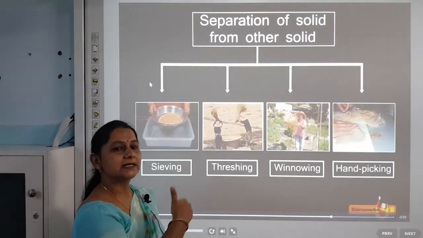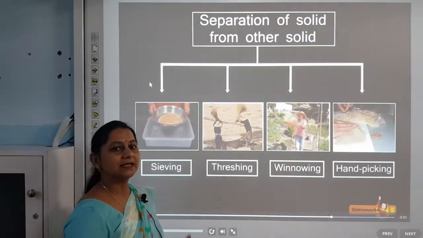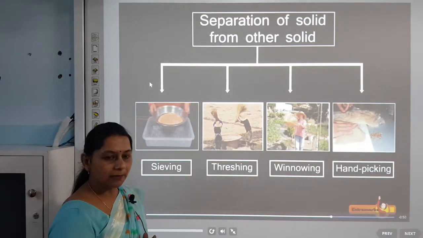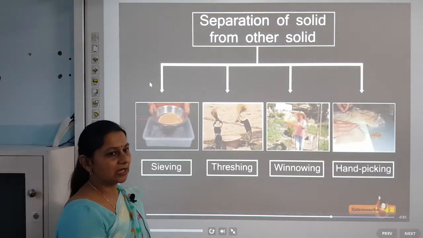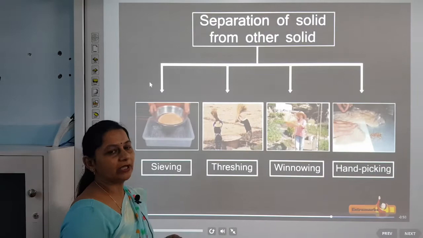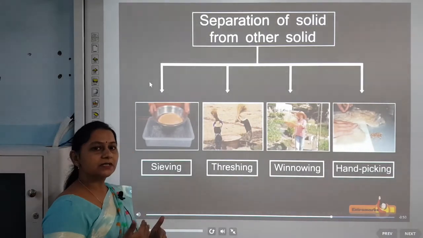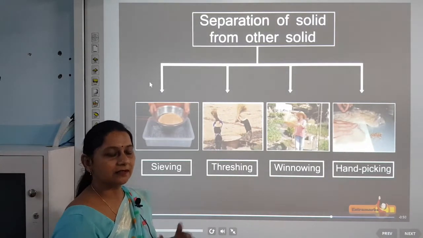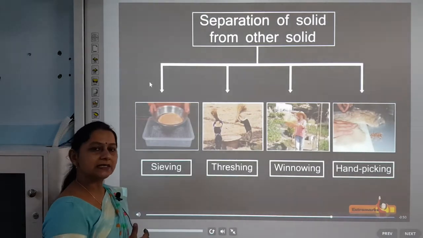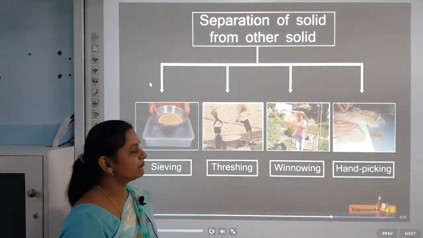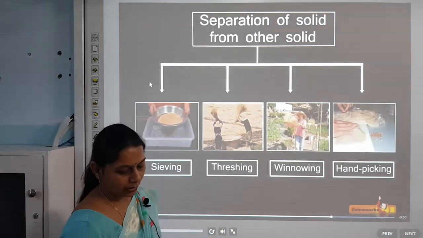It forms a separate heap, whereas the heavier grains fall directly below where we are removing it. So, according to the weight, they form separate heaps, and this is how we can separate the grains from the chaff by following the winnowing method.